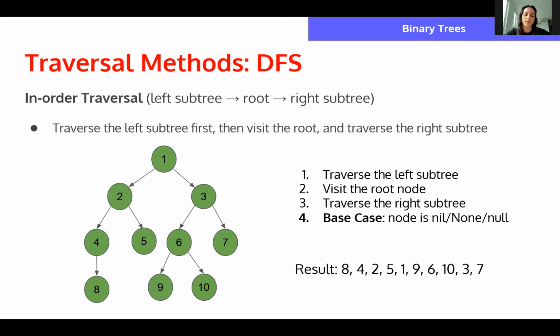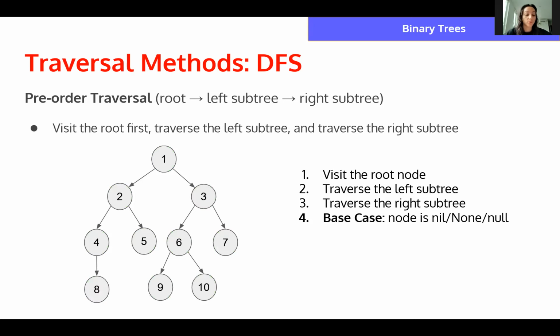So the next method is a pre-order traversal. Does anyone want to give this one a try, or maybe give a couple of numbers or something? So for this one, we start at the root first, and then we check the left subtree and then the right subtree.